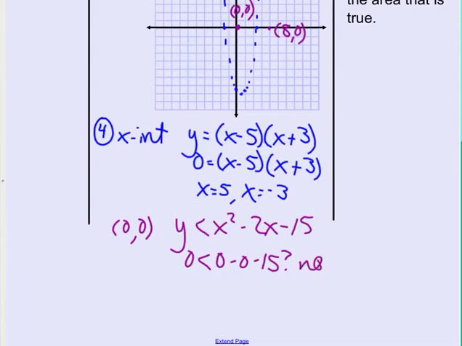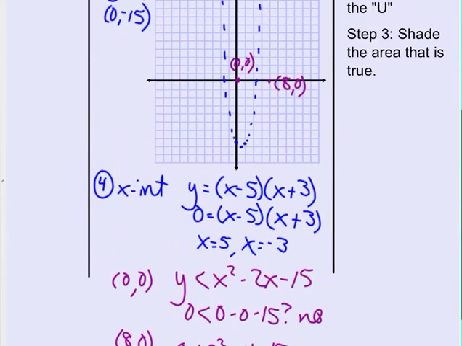No. So it looks like we will be shading outside our graph this time, but let's just double check 8, 0 real quick. Substituting 0 for y and 8 for x. Is 0 less than 64 minus 31, which will be positive? So yes. And we're going to go ahead and shade outside our graph this time.